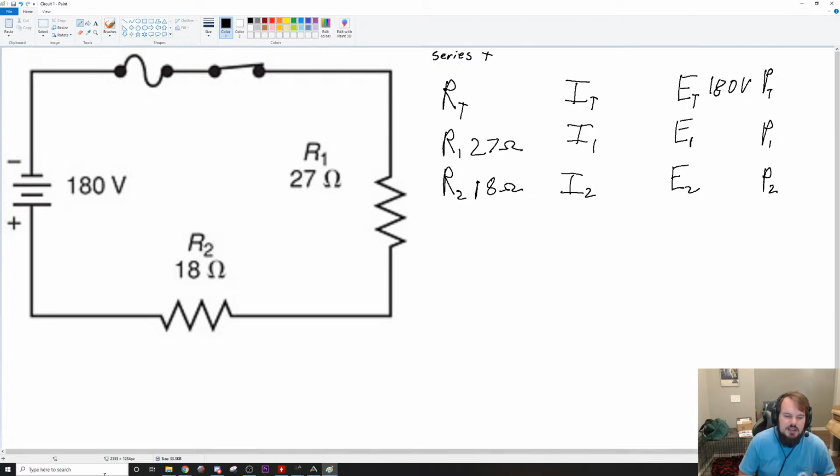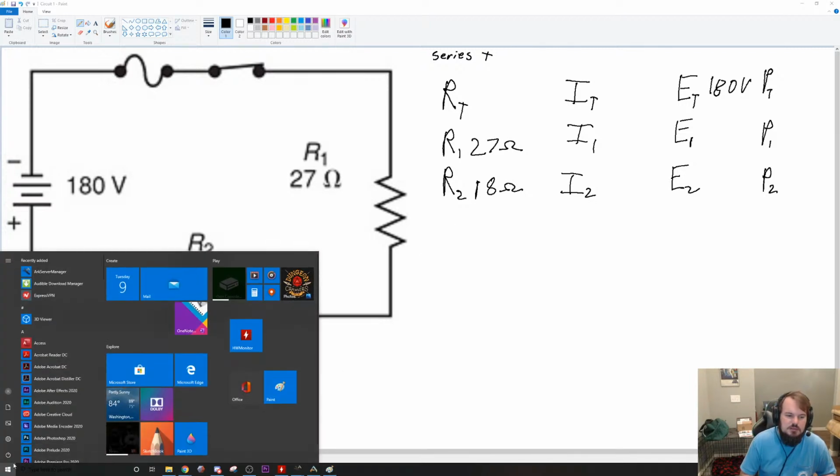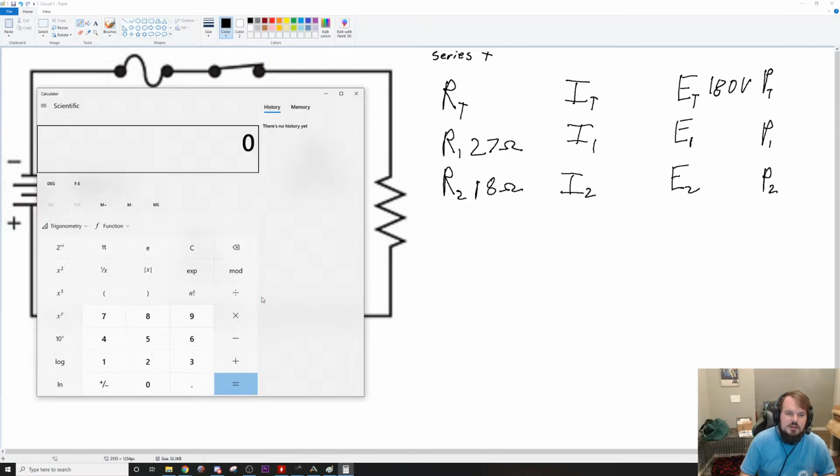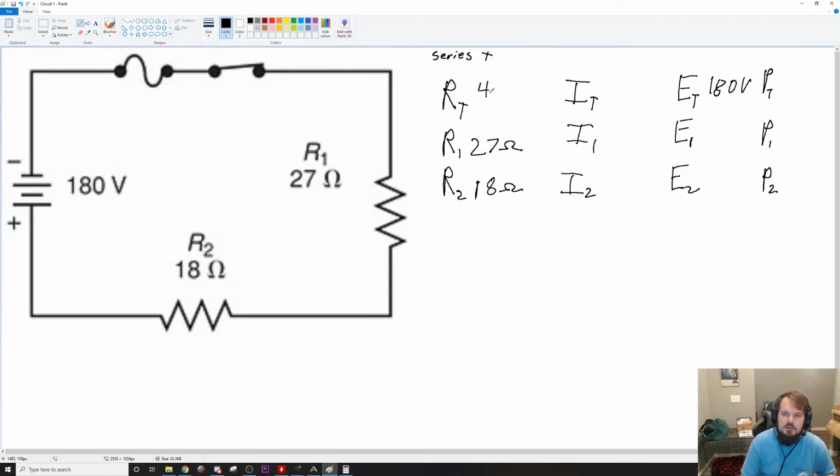So 27 and 18. Let's just grab a calculator. 27 plus 18 is 45. We have 45 ohms.